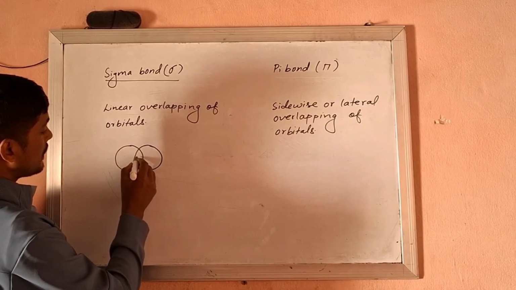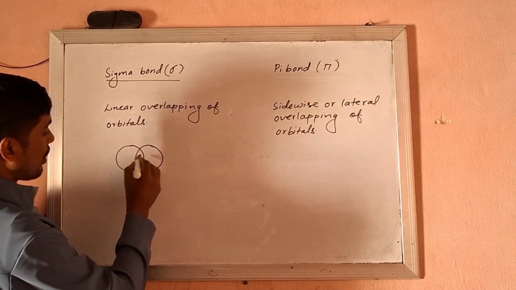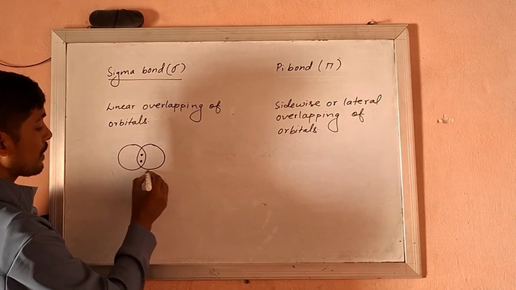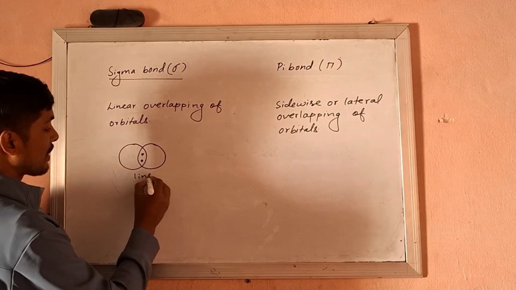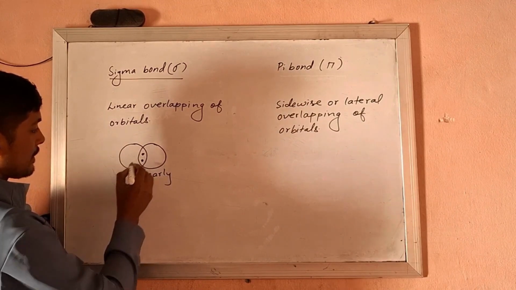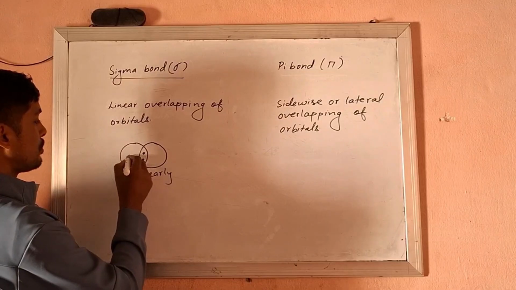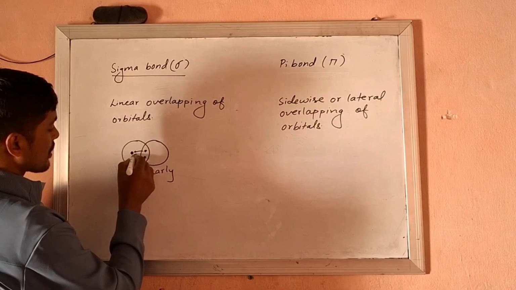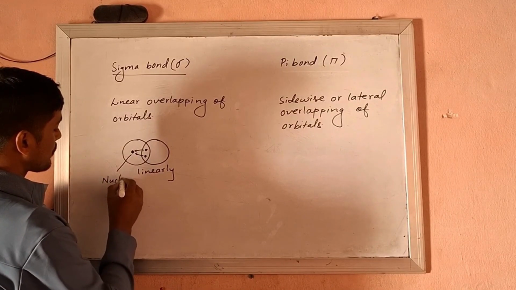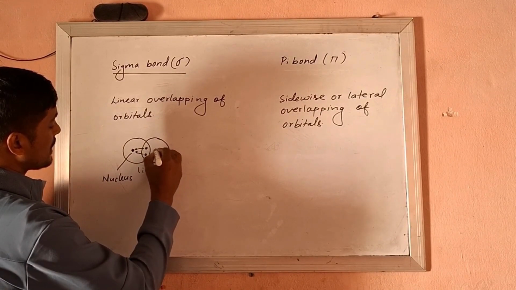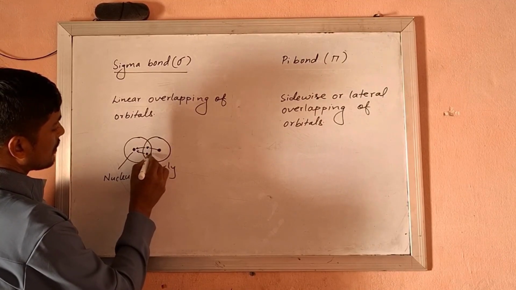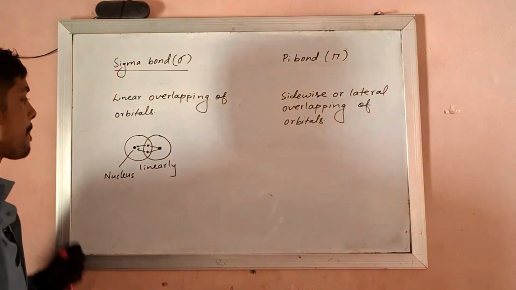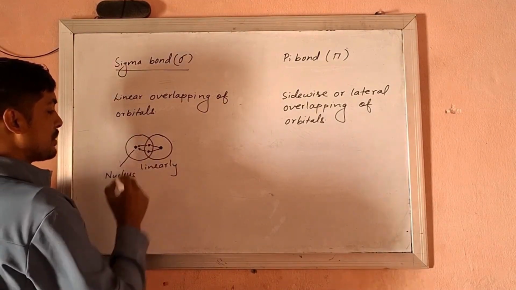Here the two electrons form a pair where the two orbitals overlap with each other linearly, and these electrons involved in bond formation are nearer to the nucleus. Suppose this is the nucleus, and here is the nucleus of another atom. So in a sigma bond, the electron cloud is nearer to the nucleus.